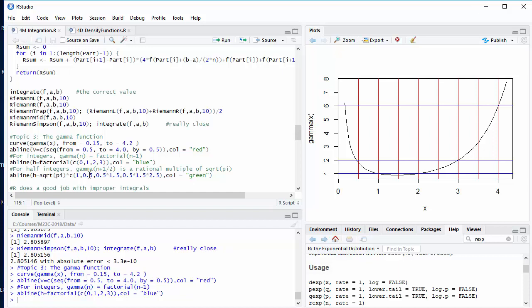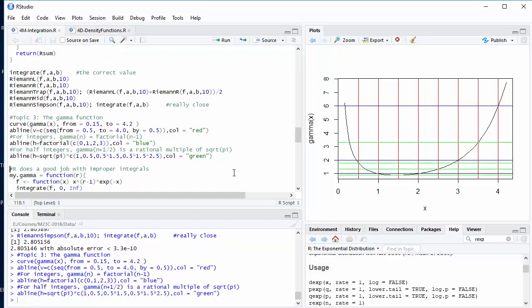Then I have to multiply by a half, times 3 halves, times 5 halves. I will show those in green. And if you look, you will see that we have indeed got the correct value for gamma of a half, for gamma of 3 halves, for gamma of 5 halves, and for gamma of 7 halves.